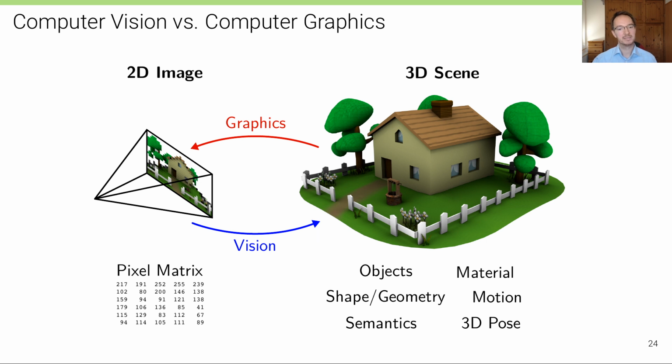That's why sometimes we also talk about inverse graphics. We are just seeing this 2D image where a lot of the information from the original 3D scene has been lost through this projection process. And the only thing that's accessible to us now is a raw pixel matrix. And we want to recover these latent factors, these underlying factors that are present in the scene.